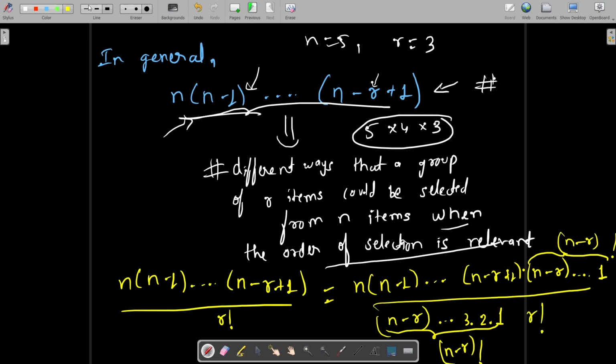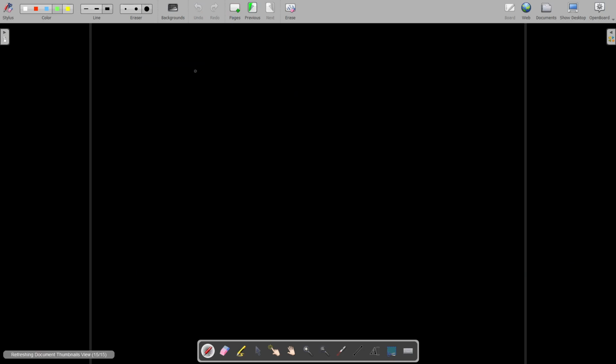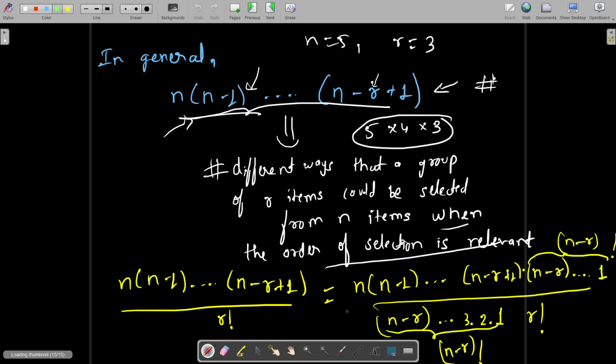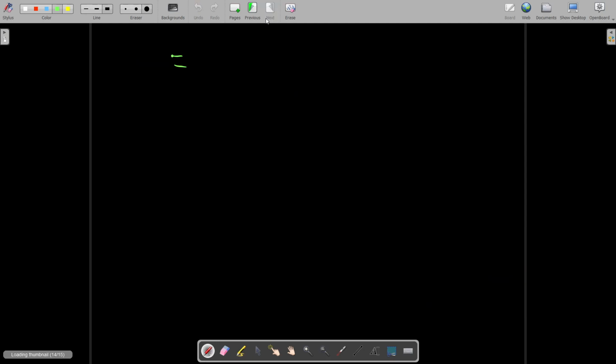But now the numerator here is, let me take a fresh page. Now the numerator becomes n minus 1 up till 1, which is nothing but n factorial, right?